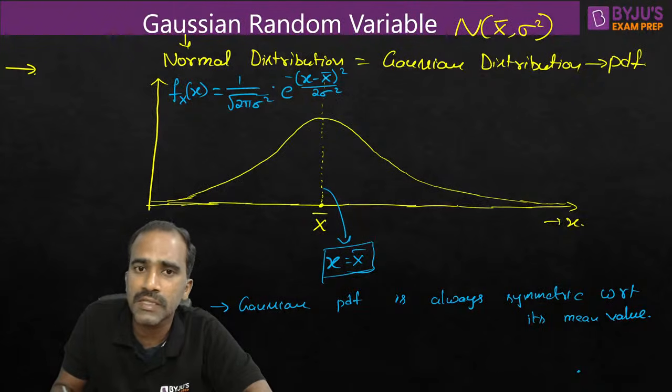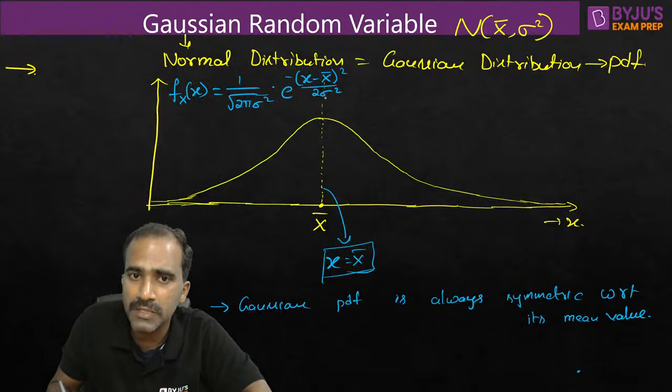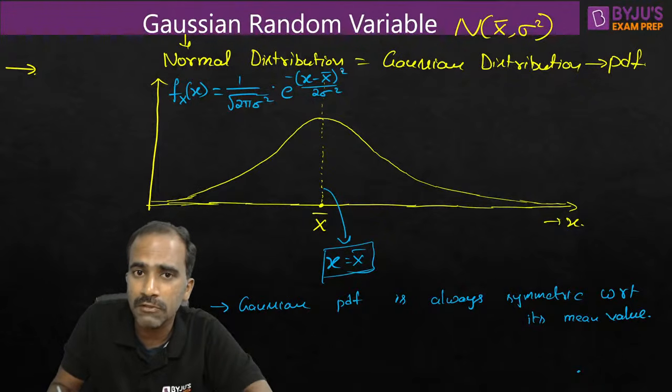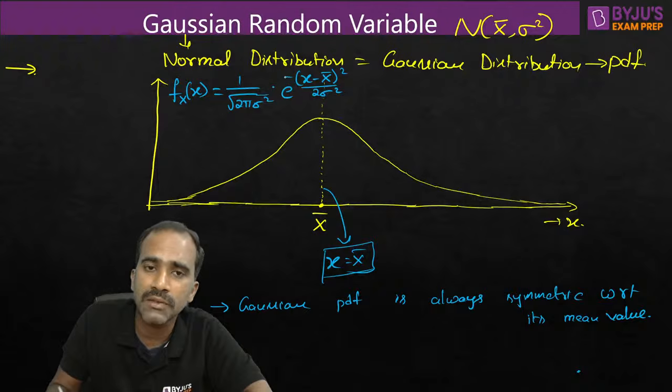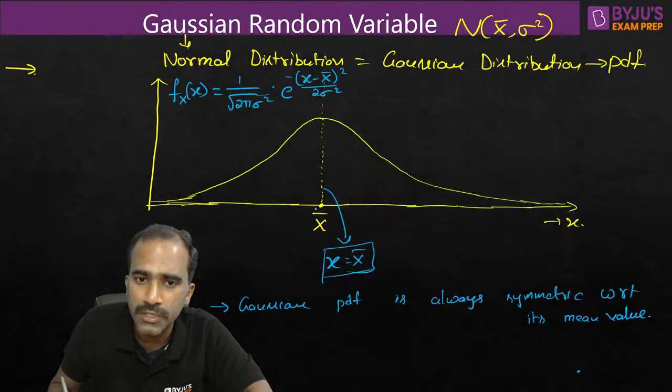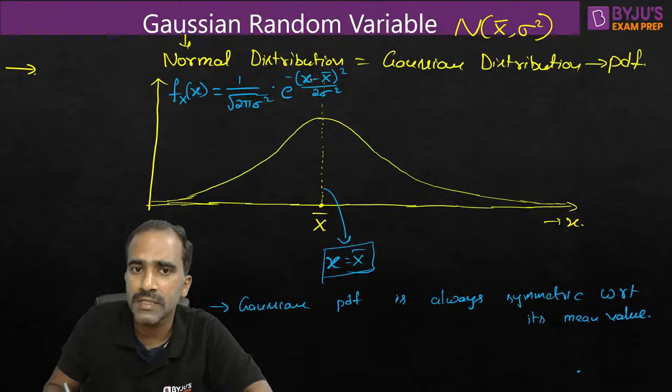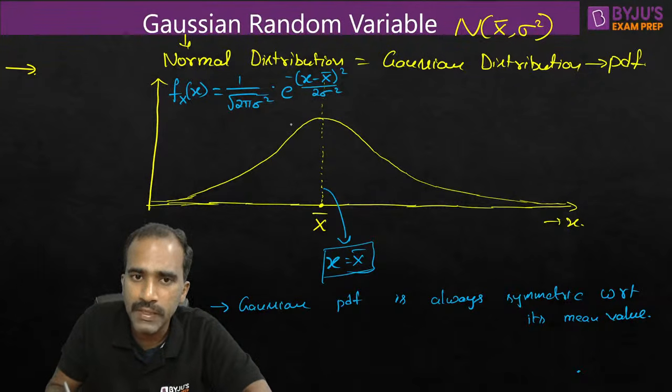Similarly, as x decreases from x bar, there is a square term here. Because of the square, the negative value becomes positive, but overall there is a negative sign. The magnitude of this power increases as you go far from x bar in either direction, but with a negative sign. So that's why it decreases on both sides.